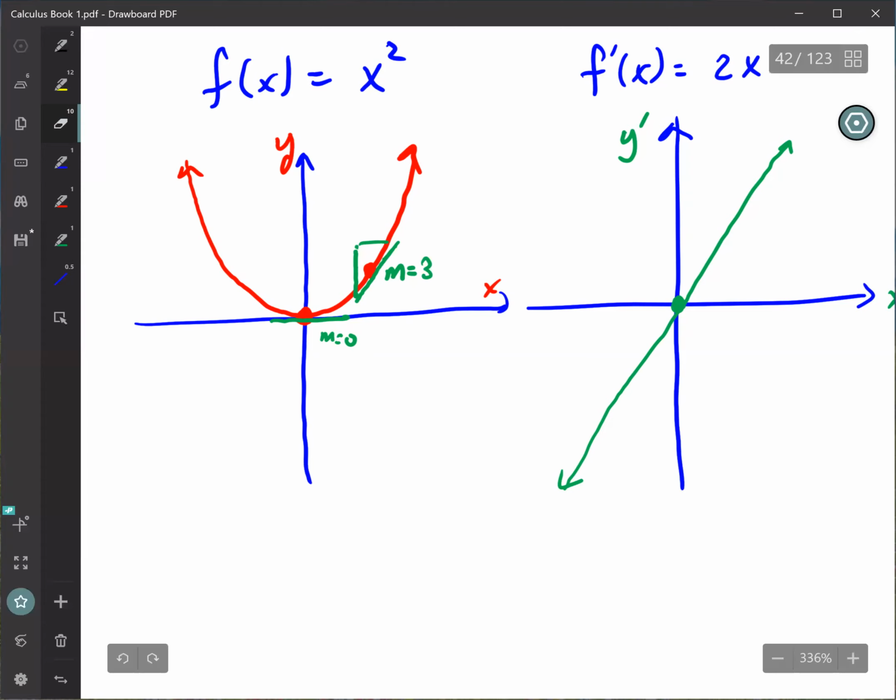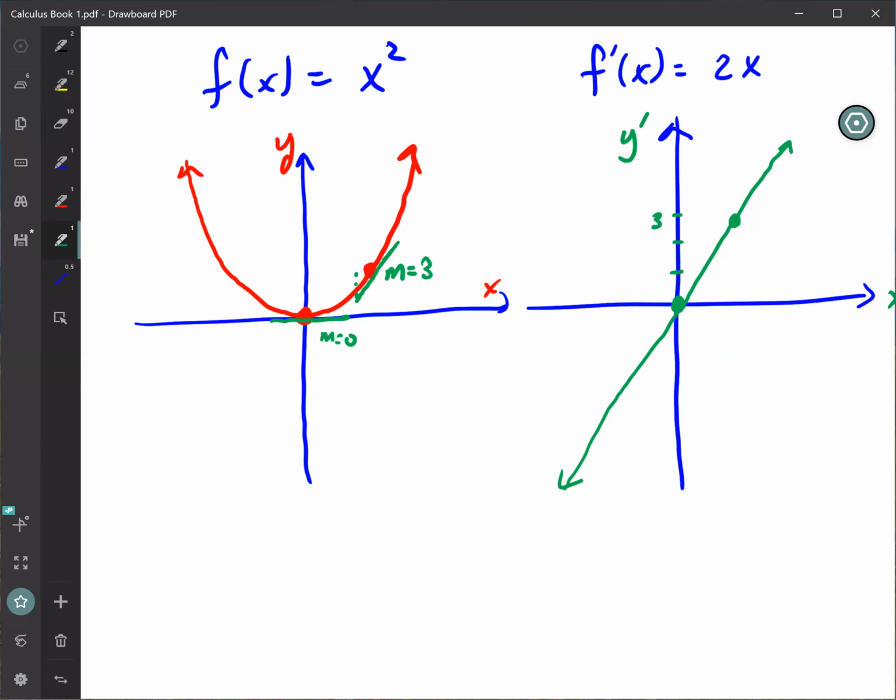At least you're not saying it's negative. So on the right side, at the same place, it will be at 3. You have a point there. You are using the slope as the vertical value on the green graph.